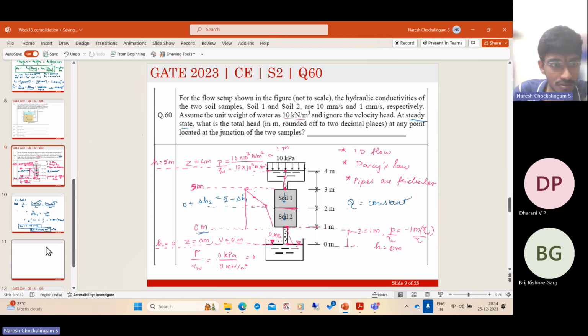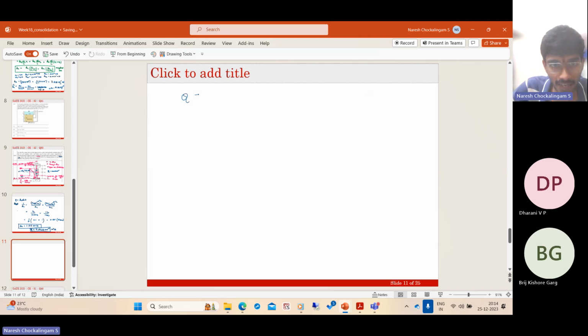Now, what is delta H2? By Darcy's law, again, Q is equal to kV2 into delta H2 by the length of the flow, which is 1 meter, into area.